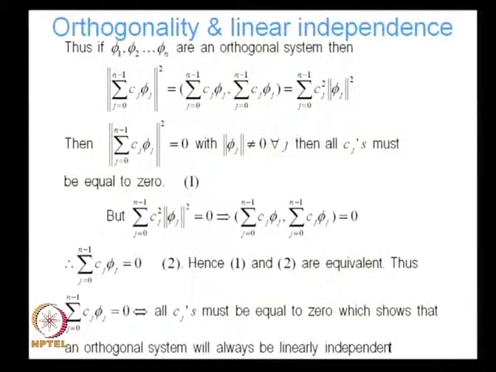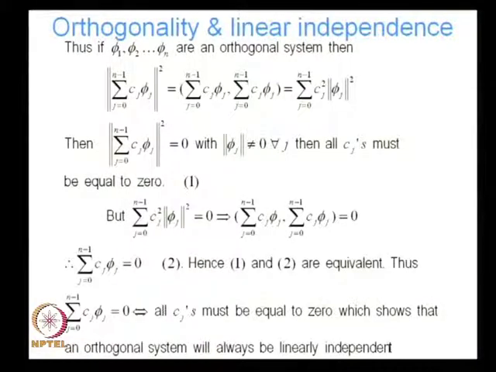Instead of writing it as j, it would have been better to write it as k. The terms where j is not equal to k, those inner products vanish because of orthogonality. I will only be left with those inner products where the two functions are identical, and that gives me norm of phi j squared. So I am going to get something like this.